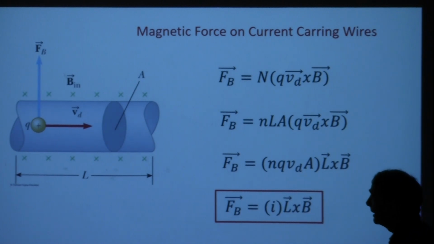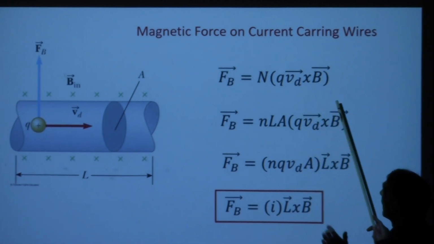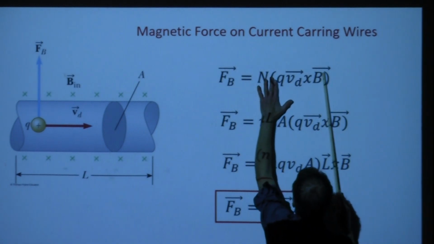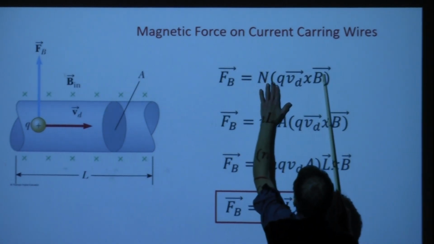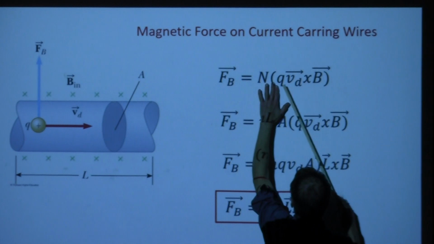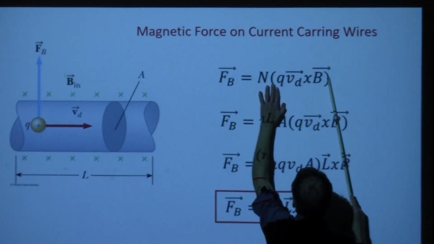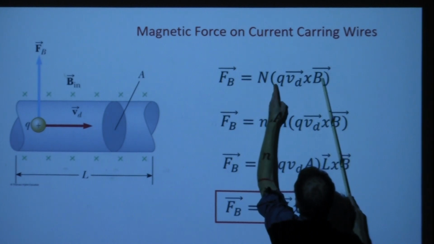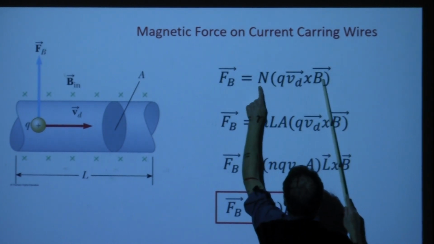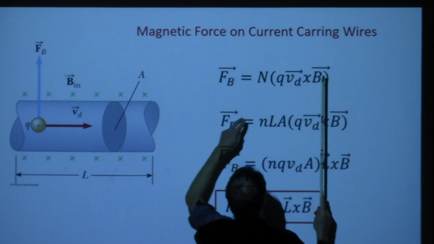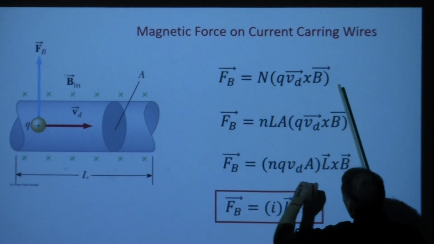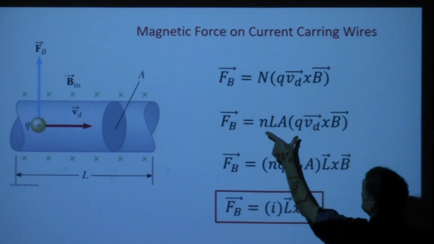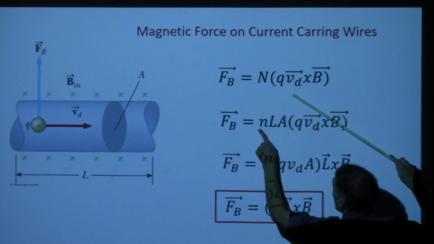Okay, the idea of, we know that the magnetic force on a given charge that's moving inside the wire would be its charge times the speed it's moving, the drift velocity, cross B. This would be the force on one of them. We're going to have a whole bunch of them, so if I have N in there, we're going to follow that. Now, maybe I'm getting confused in all the symbols that are flying around here.